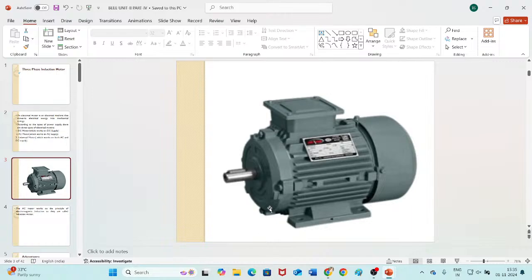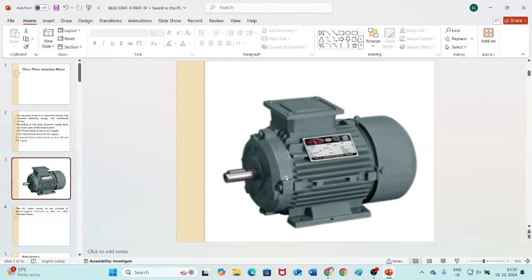Our subject is three-phase induction motor. This three-phase induction motor is an AC motor which works on the principle of electromagnetic induction. You call the AC motors which work on the principle of electromagnetic induction as induction motors.